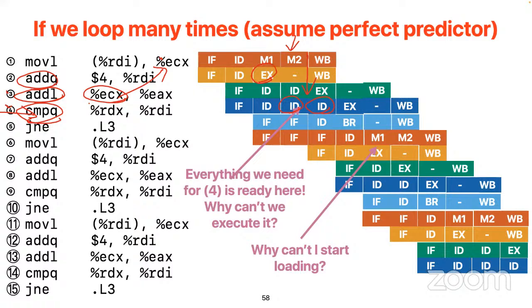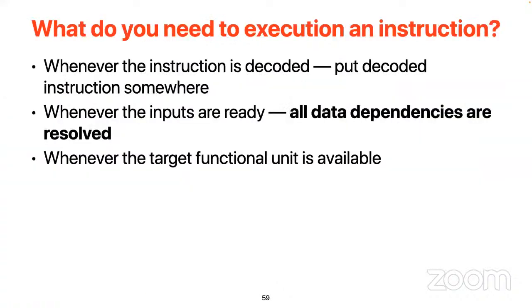So if we can move instruction 4 earlier, then we can potentially further increase the utilization of our functional units.